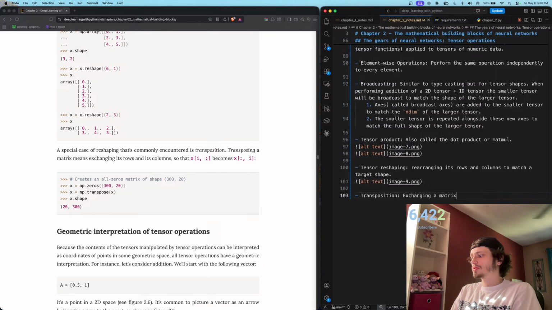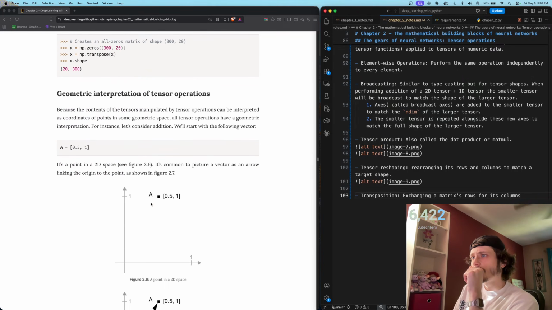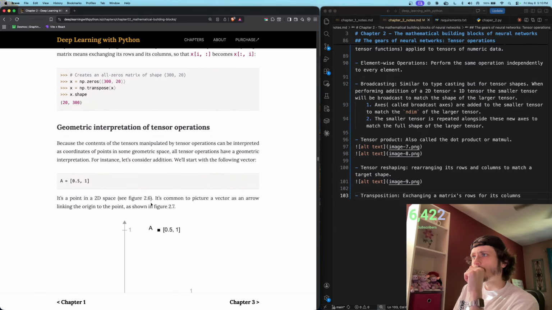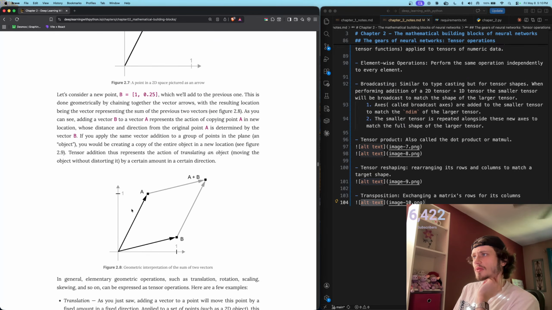A matrix's rows become its columns, so transpose like such here. And then we read this part already.